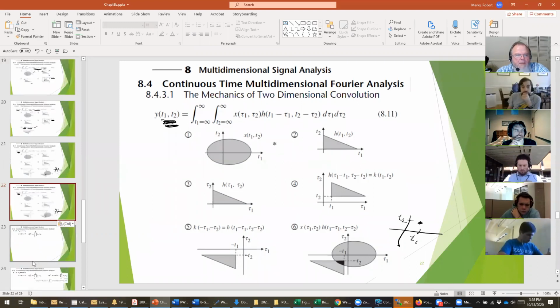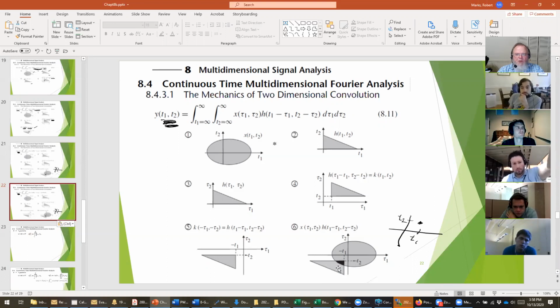Dr. Marks? Yes. I have a question. On 6, yes. So when you're moving the triangle around, I think I might be confused because the way I see it, for all values of T1 and T2, you're going to get the entire circle, aren't you?